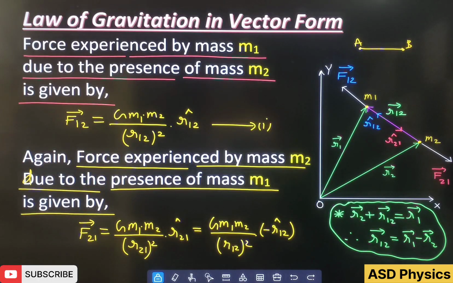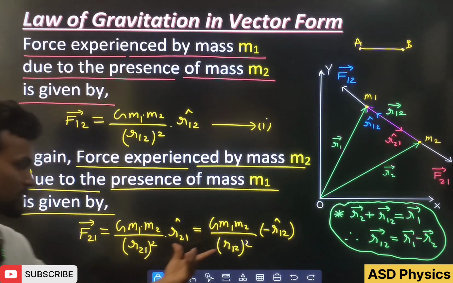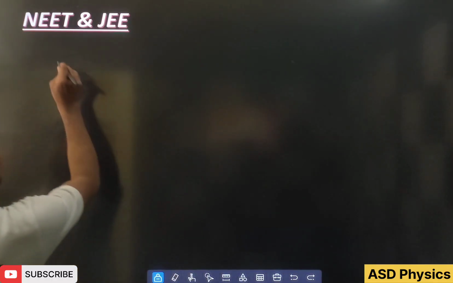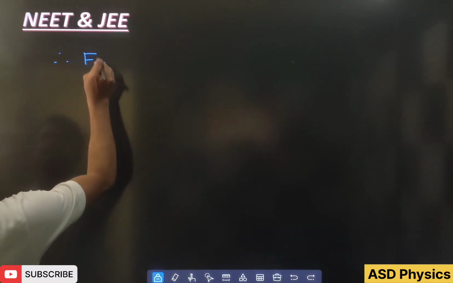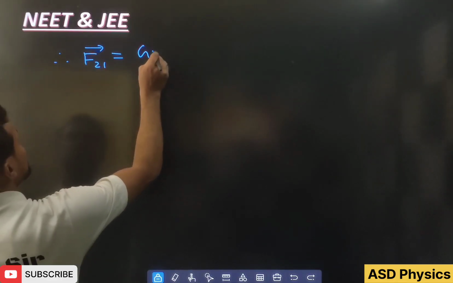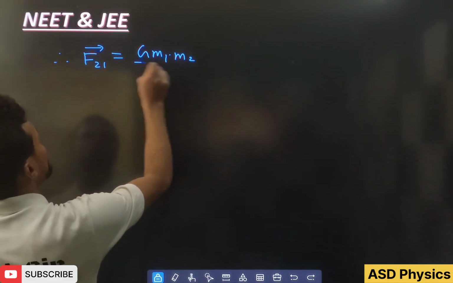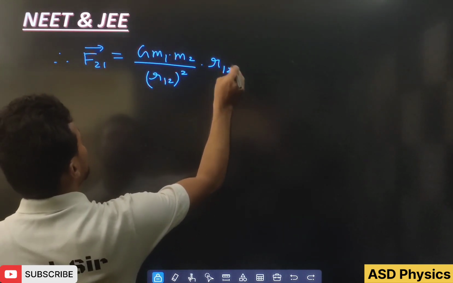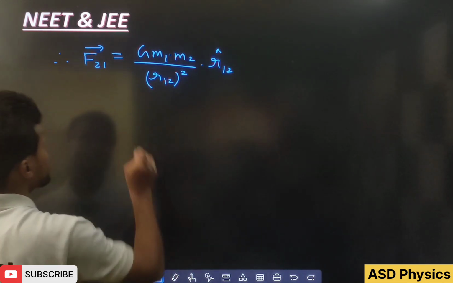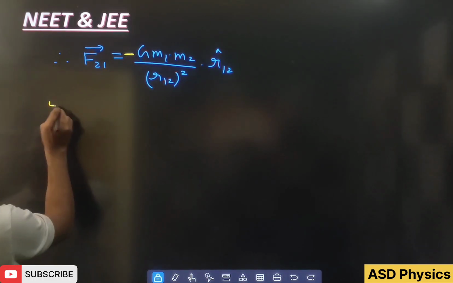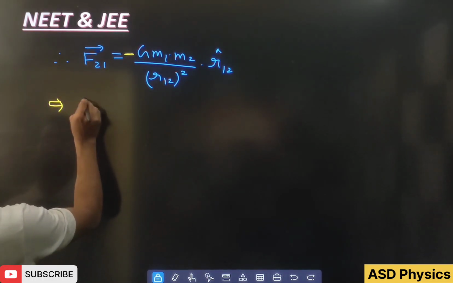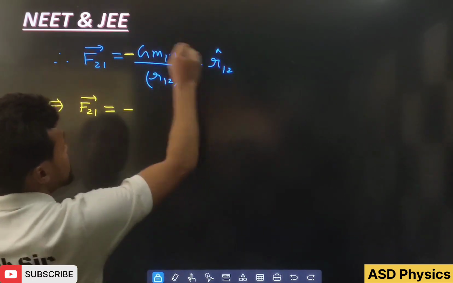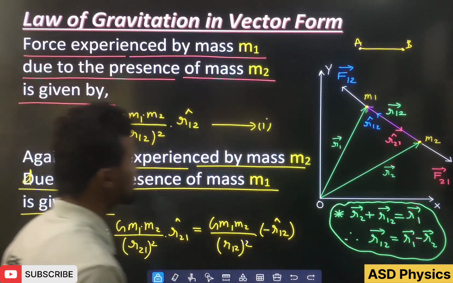Now I am going to simplify this F21. Hence F21 is equal to G M1 M2 by R12 square and minus of R12 cap, with the minus taken to the front. Hence F21 is equal to minus of what? G M1 M2 by R12 square into R12 cap.